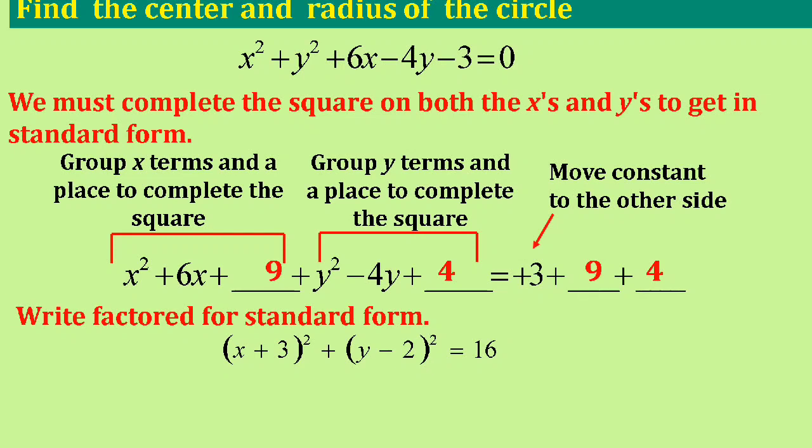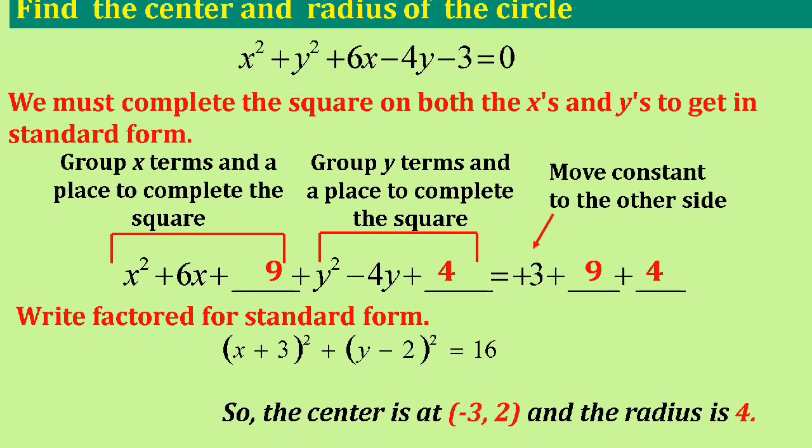Then add everything on the right side, so 3 plus 9 plus 4 is equal to 16. So this is the standard form of the equation of the circle. From that, the center is the opposite, so that is negative 3, 2. And the radius is equal to 4, that is the square root of 16.